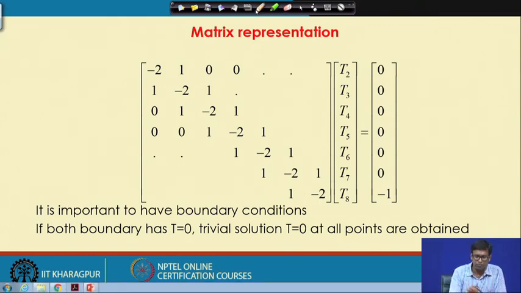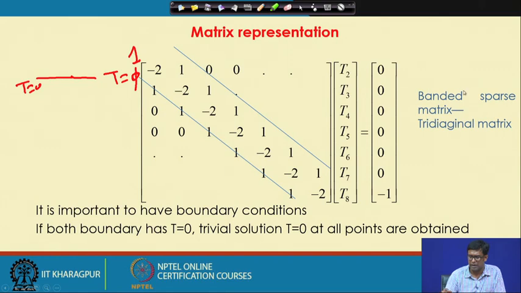And physically we can also see that if T is 0 here and T is 0 here, there will be no heat transfer across the rod. So, temperature everywhere will be 0. So, it is important that we make T = 1 here, so that there is some temperature distribution inside it, that the temperature is not trivially 0. And as I said, this is a banded sparse matrix and a tridiagonal matrix.